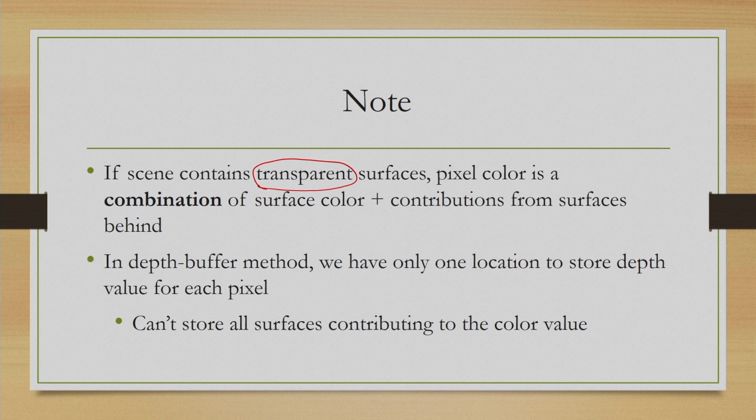In case of transparent surfaces, pixel color is a combination of the surface color plus contribution from surfaces behind, and our depth buffer will not work in that case, because we have only one location to store the depth value for each pixel. So, we cannot store all surface contributions to the color value.